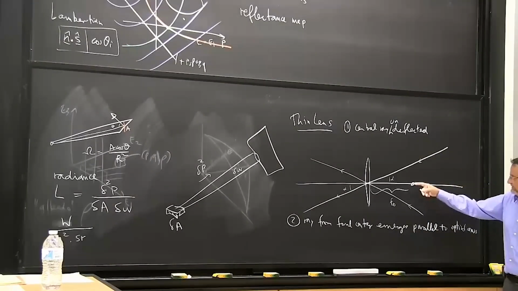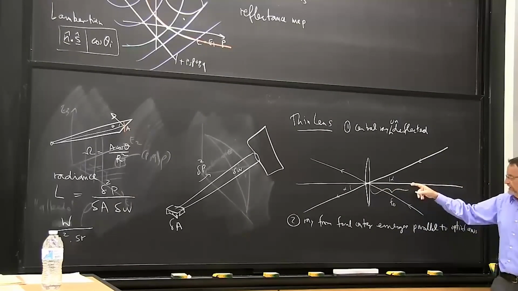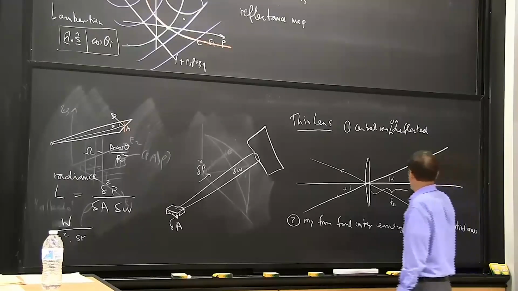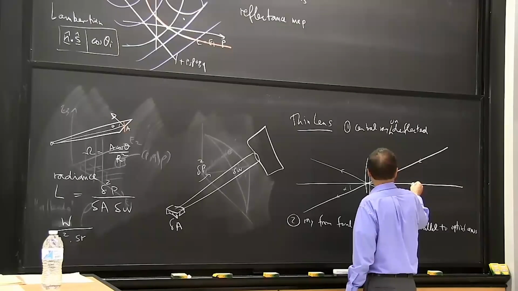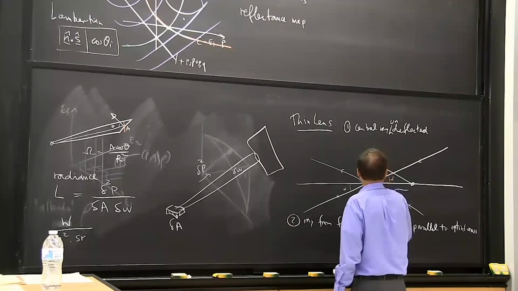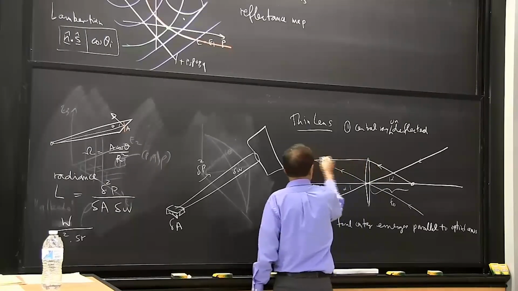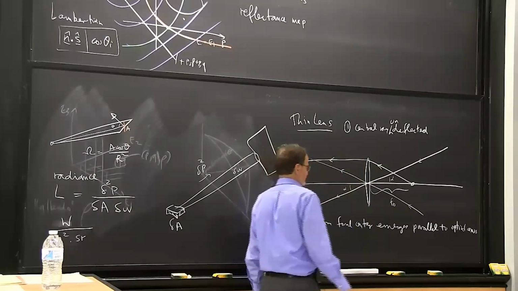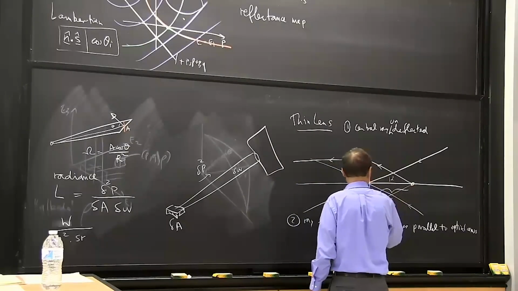So I can define a point here that's one focal length away from the lens, and what this rule is saying is that if I take any ray coming from that focal center and I see what it does after it comes through the lens, it is going to be parallel to the optical axis. And again, of course, not just that ray, but any ray.